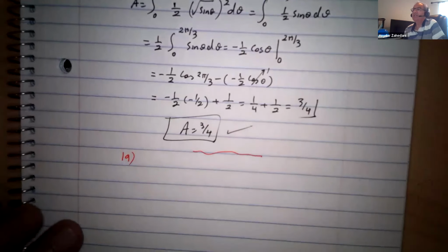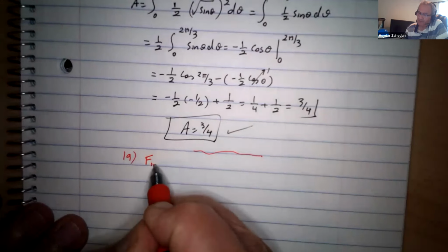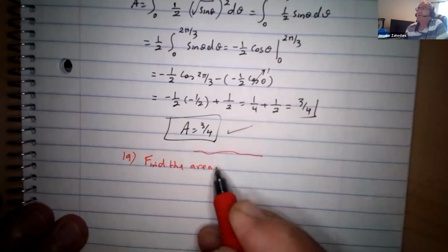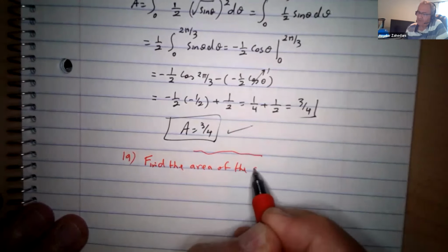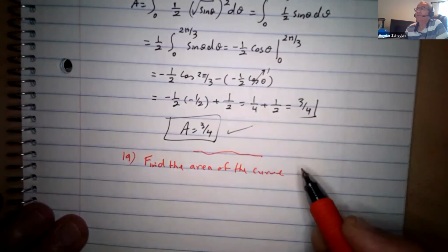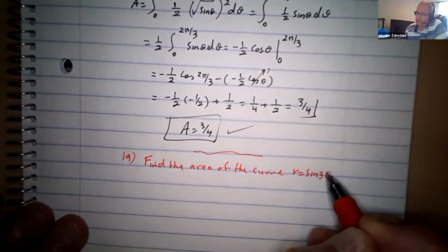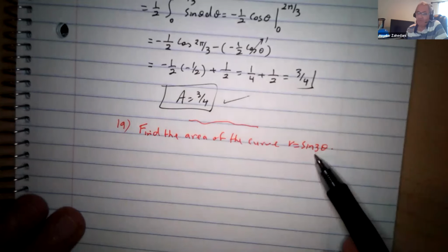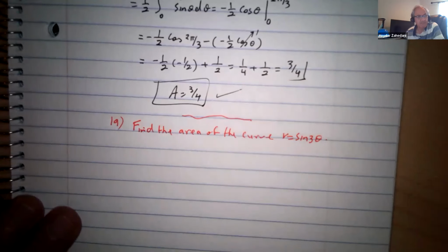So in number 19, they ask to find the area of the curve. The curve is r equal to the sine of 3 theta. Okay, that's a rose, and you know that when the coefficient is odd, so this is 3, you are going to have 3 petals.